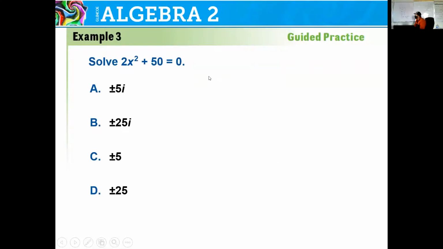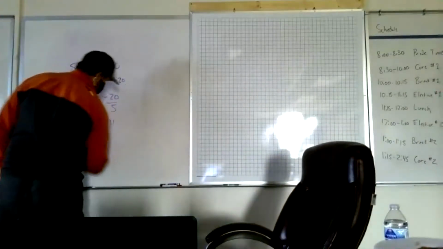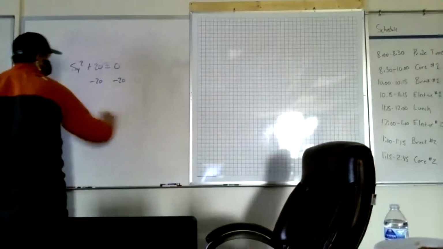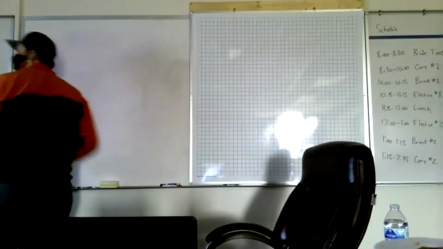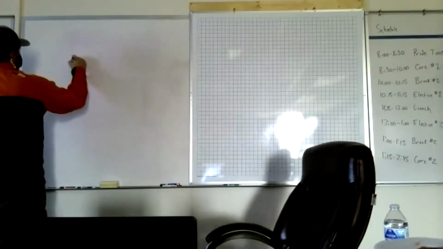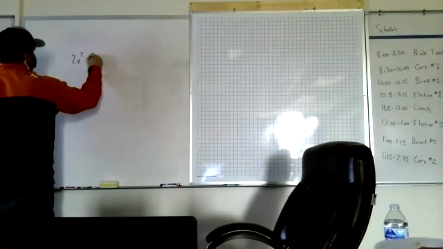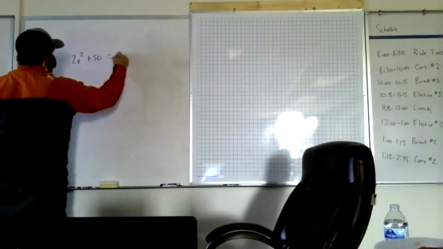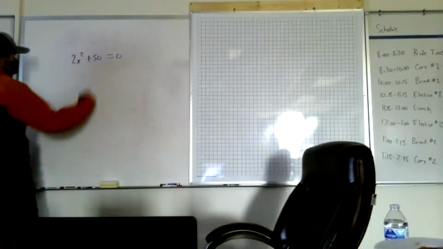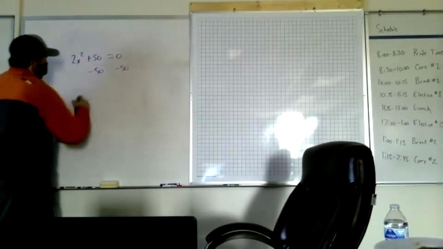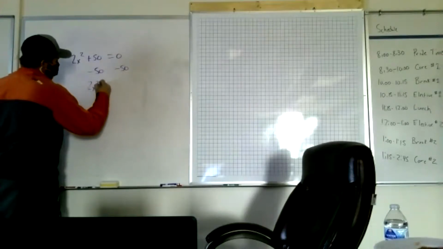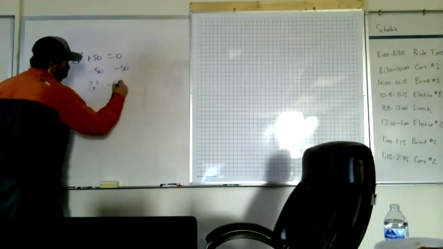All right, got another one. We're dealing with 2x squared plus 50 equal to 0. Isolate the variable again, so we subtract 50 on both sides, to be left with 2x squared is equal to negative 50.